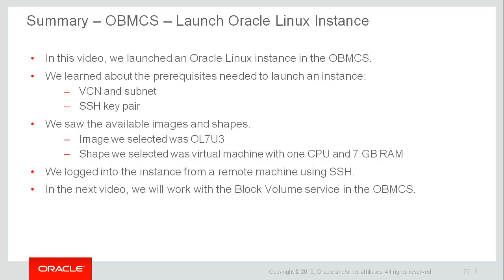The image we selected was Oracle Linux 7 Update 3, and the shape was a virtual machine with 1 CPU and 7 gigs of memory. We logged into the instance using SSH and ran some commands. And this concludes this video. In the next video, we'll work with the block volume service and we'll attach additional storage to our instance.